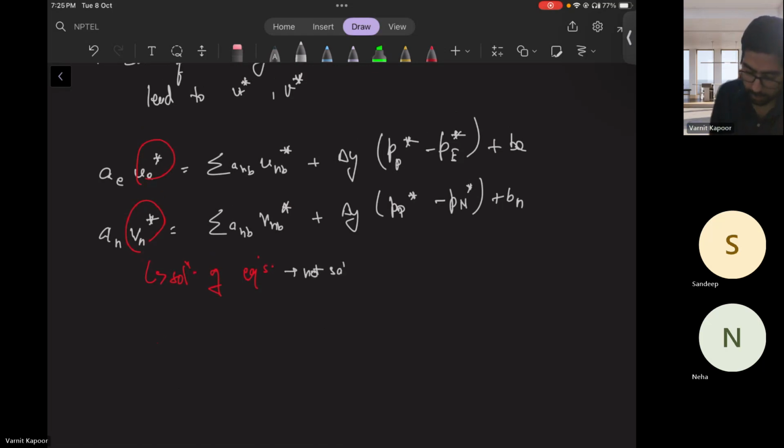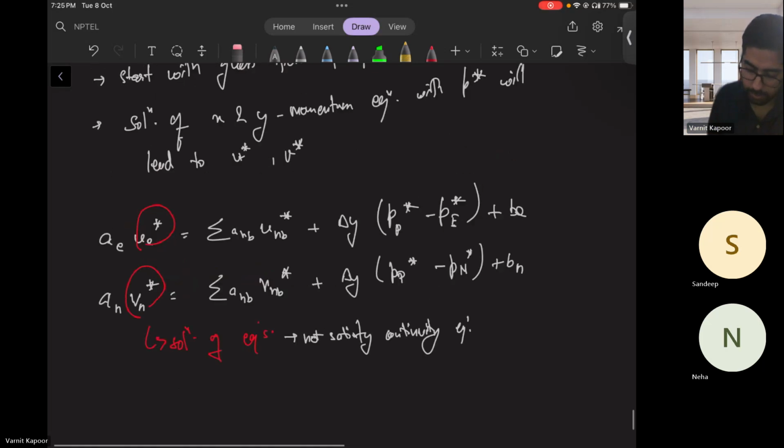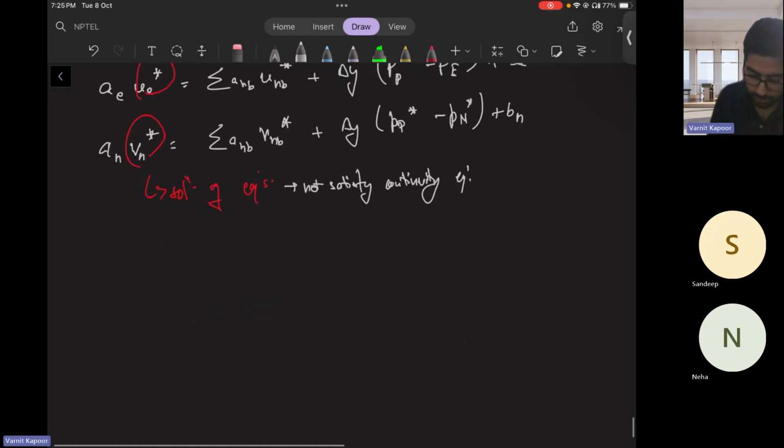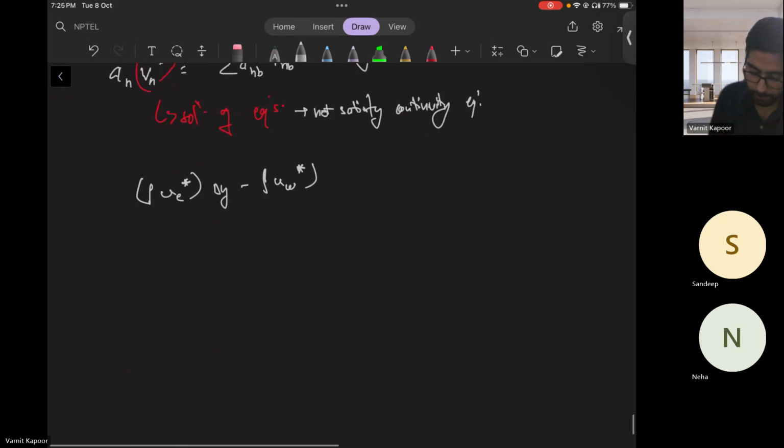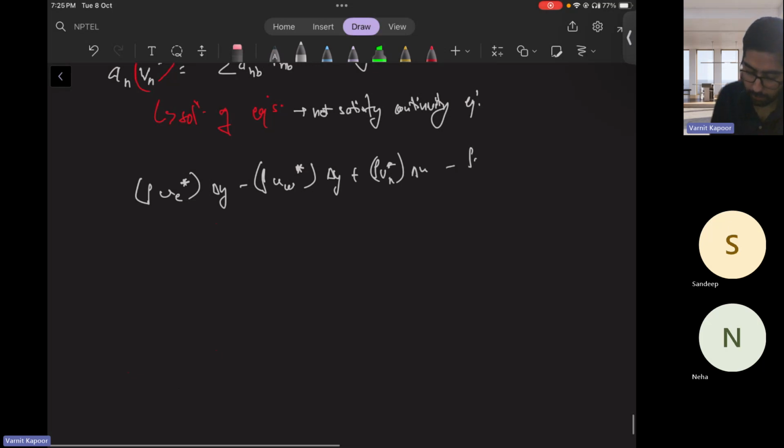That is, you cannot write rho E star delta Y minus rho W star delta Y plus rho N star delta X minus rho S star delta X equal to 0.